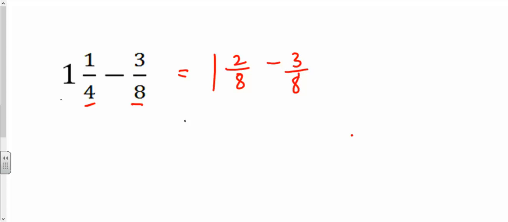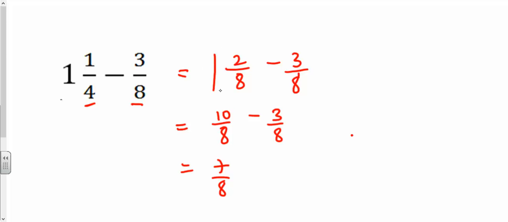Well, you might be able to see what that is without doing this next step. But what you might like to do is to change this into a top-heavy fraction. So 1 and 2/8 is like 8/8 and 2/8, which is 10/8. Subtract 3/8. So therefore our answer is 7/8.